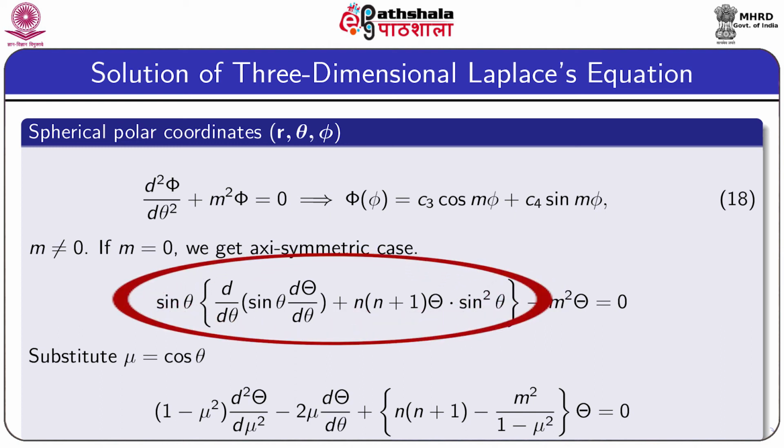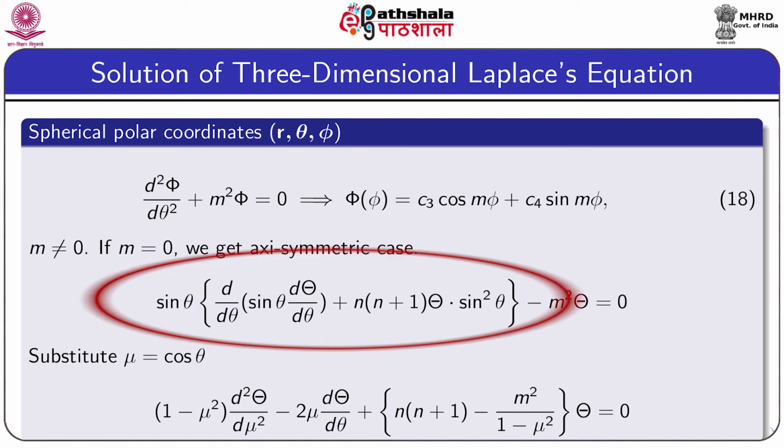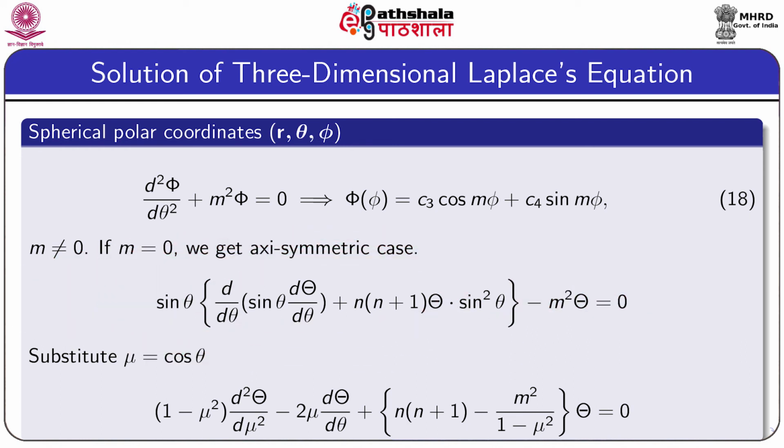Now, this is the equation for capital Theta, and from this equation we make a change in the independent variable through this relation, mu equals cos theta. If you substitute this in the equation in terms of the independent variable mu, we obtain the equation which is written here. If you see this equation, it is the Legendre equation, but there are some extra terms here, and we know that the solution of this equation is the associated Legendre function.